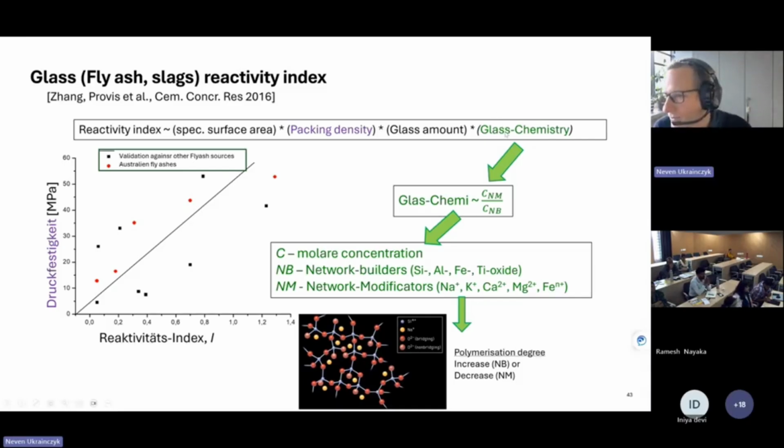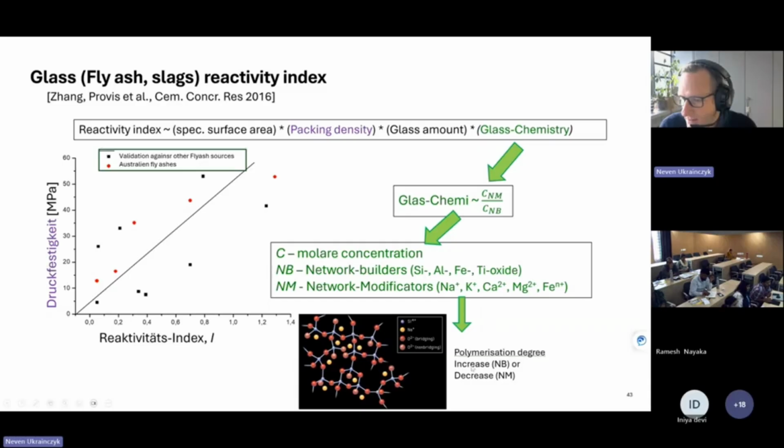This is interesting. I want to show you how to define the glass chemistry. You have the network builders, which are basically silicon, aluminum and iron elements, and you have network modifiers, which are alkalis. In your fly ash, you have alkalis, they are the glass modifiers. And actually the ratio between the network modifiers and the network builders gives you the glass chemistry.